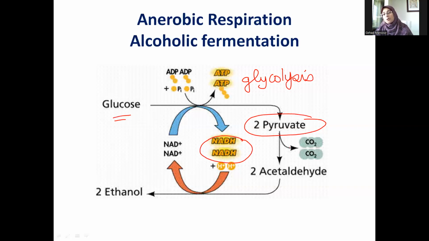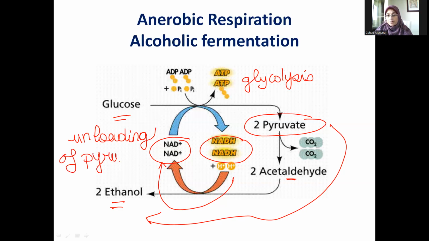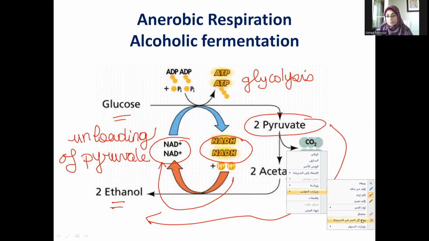So reduction of pyruvic acid into acetaldehyde and then into ethanol is important, because when you reduce pyruvic acid into ethanol, you are actually oxidizing NAD back into the oxidized form of NAD. So the importance of pyruvate reduction, whether you are talking about acidic fermentation or alcoholic fermentation, is unloading of reduced NAD.